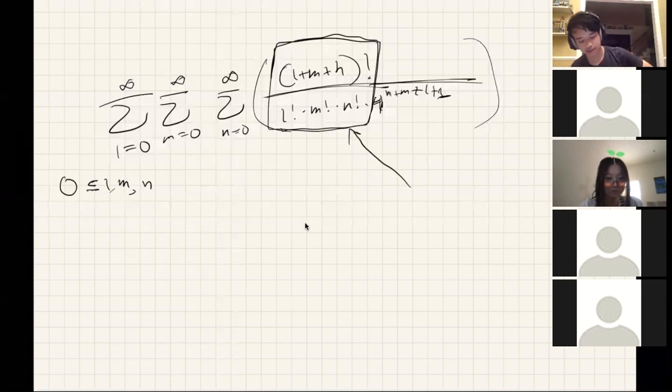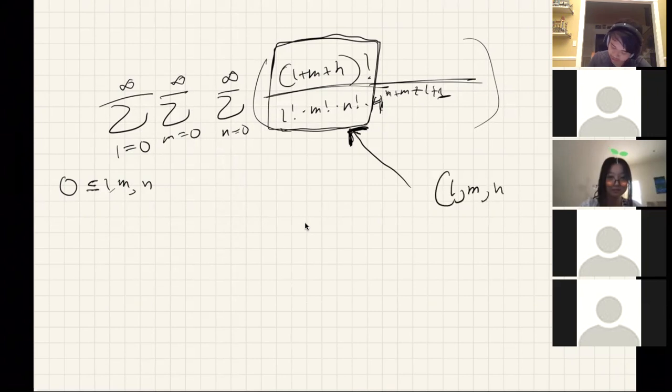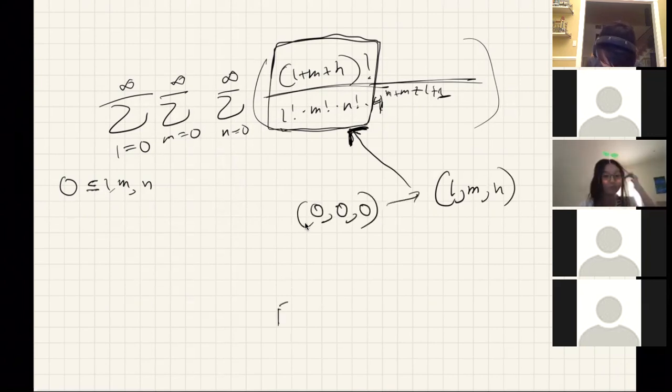And the counting interpretation, if you're lucky enough to find it, is that this is the number of ways to do pathfinding in three-dimensional space, to get from 0, 0, 0 to L, M, N by taking steps in the coordinate plane.